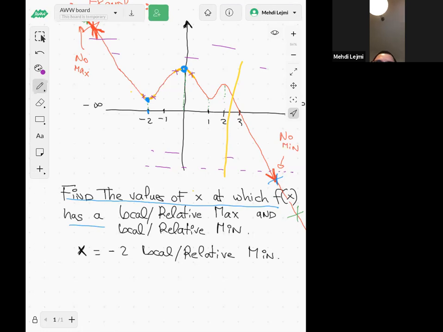So this point is a local maximum. It's not a global maximum, because it's not the highest point in the graph, since we have this line which goes all the way up. But it's a local maximum, and the corresponding x is 0. So at x equal to 0, we have a local or relative maximum.